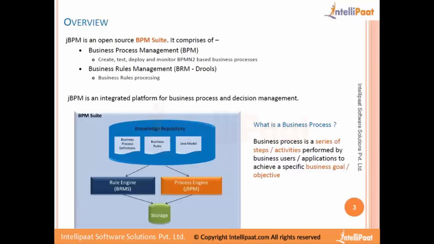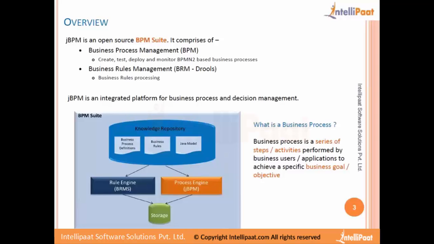JBPM itself is an integrated platform for business process and decision management. So it's basically a platform which has business process and rules management. It can execute a whole business process, and there will be some rules embedded into the business process. So it has become a base platform for that. I've shown the high level diagram of this BPM engine.